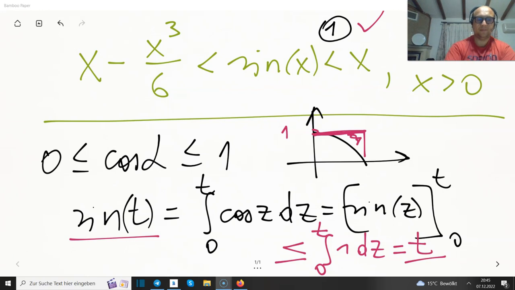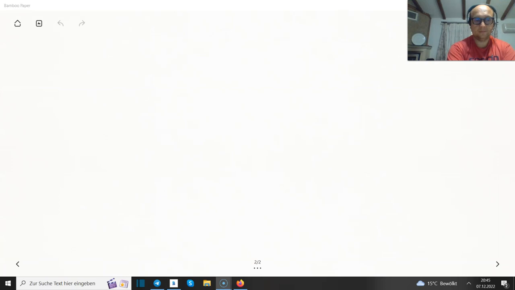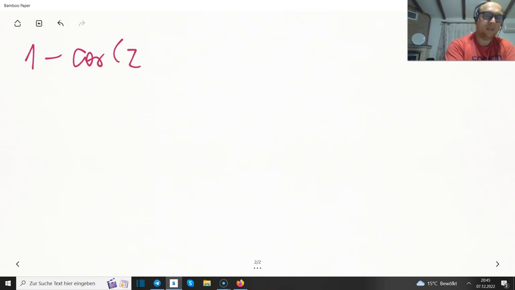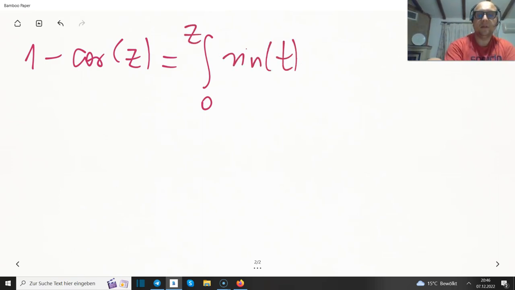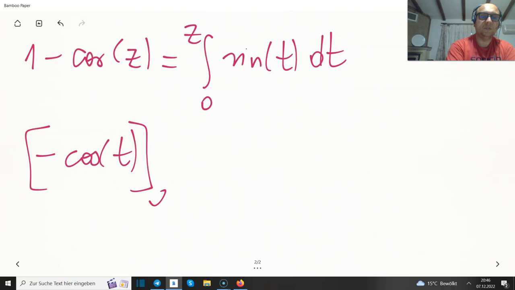All right, let's move to the second one. In order to prove the second one, we start with the following idea. 1 minus cosine of z can be written as the integral from 0 to z of sine t dt. Is that correct? Well, let's see. What is the original function of the sine? It's a minus cosine. So we have minus cosine of t from 0 to z.